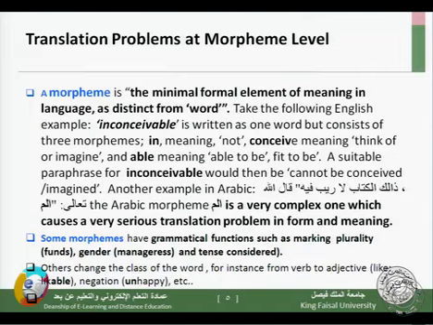Now funds, the S. Manager, manageress. The RESS is a morpheme, but it has a function.